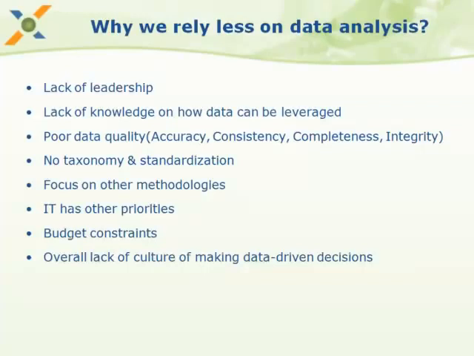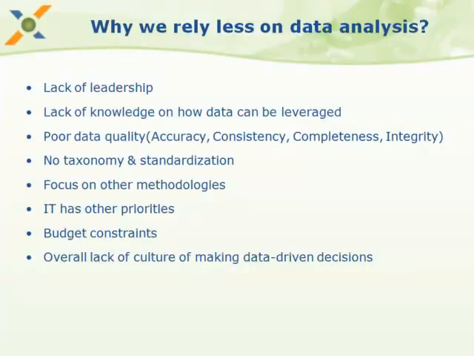The other problem we have seen is that taxonomy and standardization don't exist. A good asset hierarchy can really help, but sometimes that doesn't exist, or a component hierarchy, or any of these standardized naming or grouping conventions. If they don't exist, it becomes very difficult to analyze data.